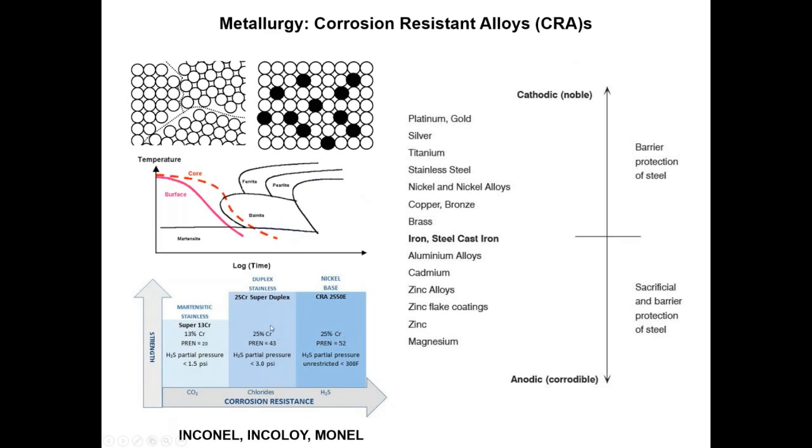Many types of corrosion-resistant stainless steel, as shown here, with different types of terminologies like Inconel, Monel, or Incoloy. Essentially, the incorporation of more chromium enables it to withstand this type of corrosion and higher temperatures or pressures. But this is simply looking at the type of metals that can serve as a sacrificial or a barrier protection to steel, with a simple chart like this.